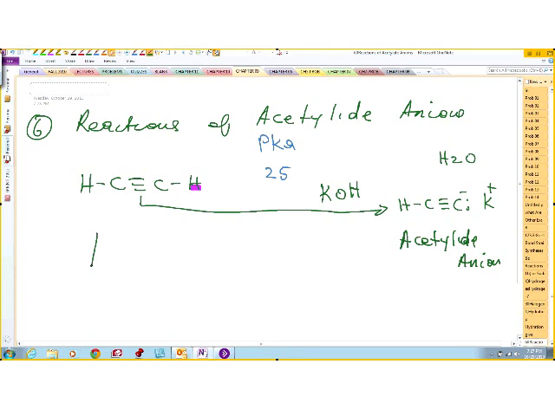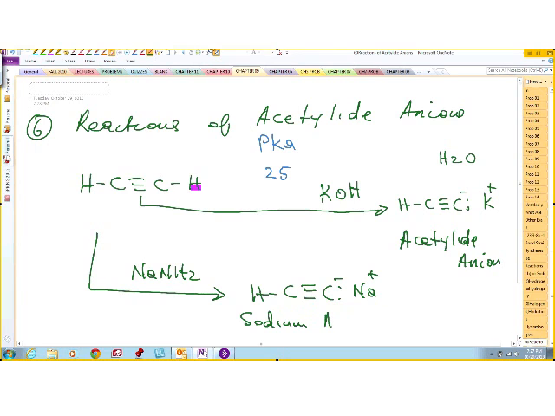Okay. Now, we could also do the same using sodium amide. Sodium amide is actually a much more powerful base than potassium hydroxide, and so you get sodium acetylide, plus of course in this case ammonia.